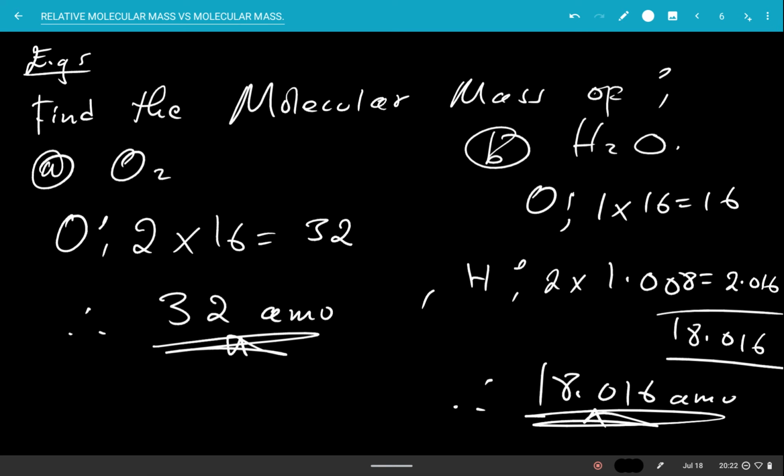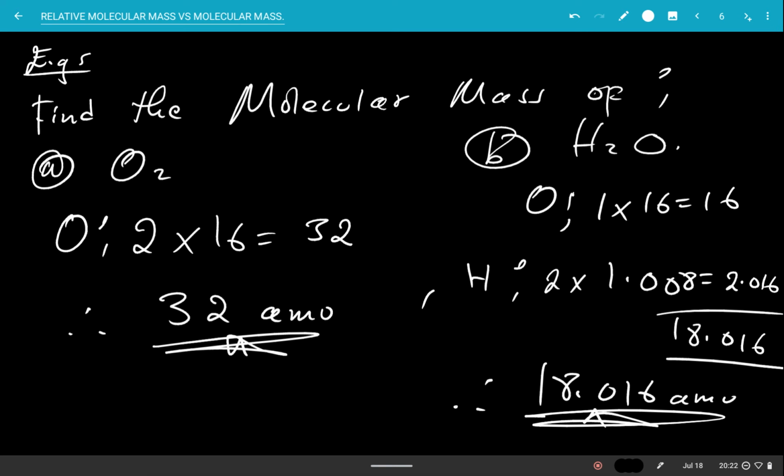But the molecular mass just deals with a single molecule on its own. And be mindful that the procedure for calculating these two entities is one and the same. You just have to know the difference that exists there.